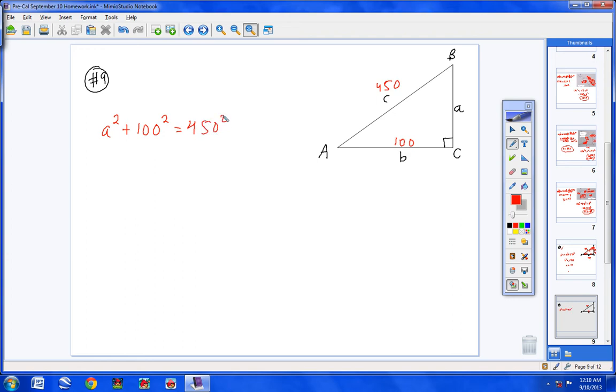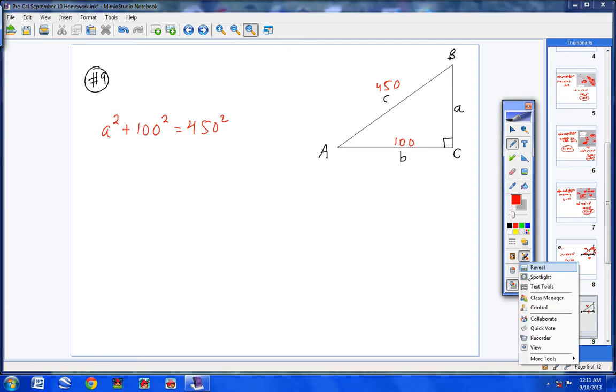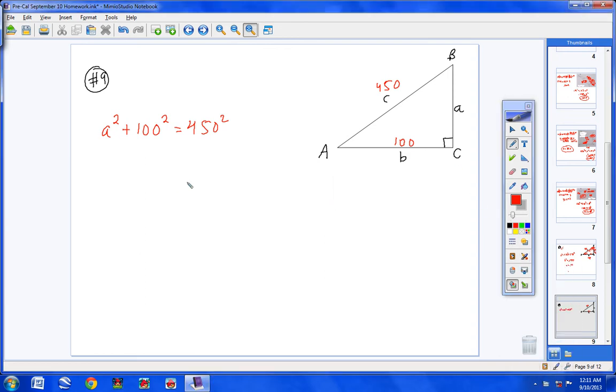Now if we square 450, we're going to get 202,500. And if we square 100, we're going to get 10,000. If you then bring that number over and make it negative, what you will get on this right side will be 192,500, and of course that equals a squared.